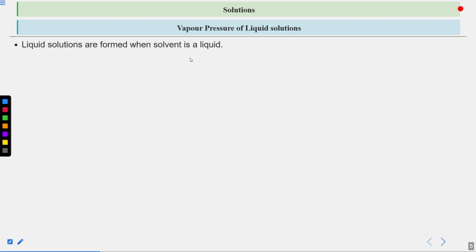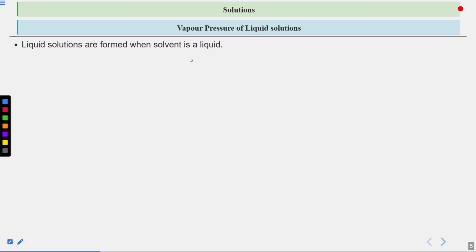To understand Raoult's law, first you should know what type of solution is needed for its application. Raoult's law can only be applied to liquid solutions, and specifically to liquid-liquid solutions. First, I will make you understand what liquid solutions are. We have already seen examples of it.